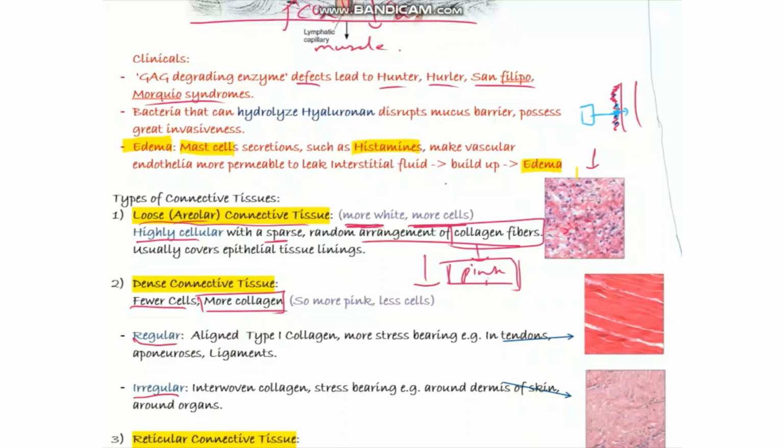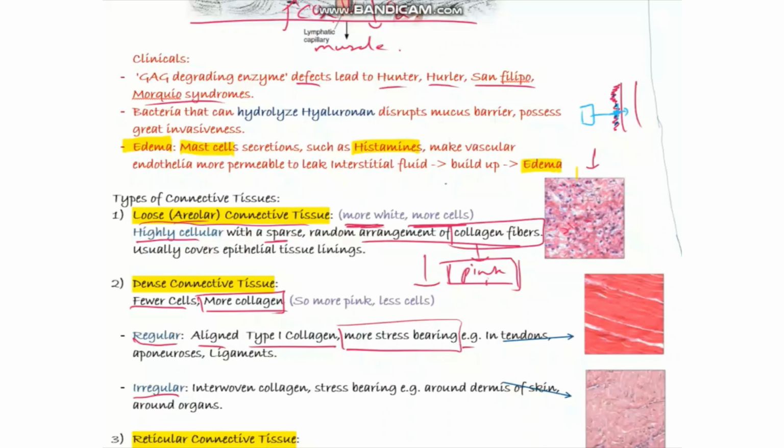Inside the regular dense connective tissue, you would have a very regular, aligned appearance of collagen in the histology slide, and this would be more stress bearing because it's very orderly arranged, for example, in tendons, aponeuroses, and ligaments. So it can bear more stress.